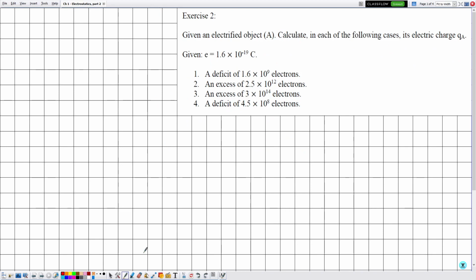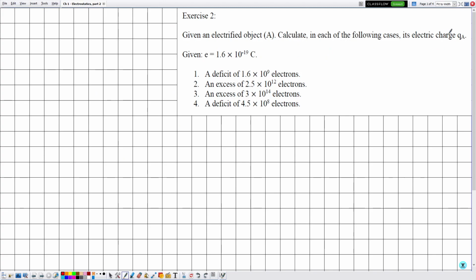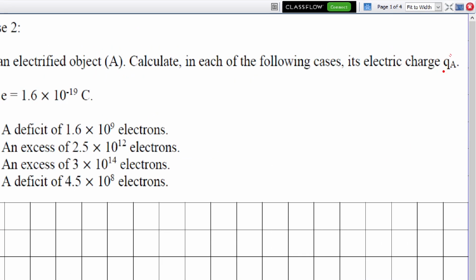Now they are telling us to calculate, in each of the following cases, its electric charge QA, and this is straightforward. But notice that since the object is electrified, it may be electrified positively or negatively. So the charge QA in value is calculated by N multiplied by E, but it may be positive or negative, and this depends on the deficit or on the excess.